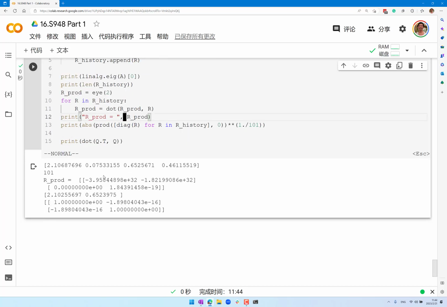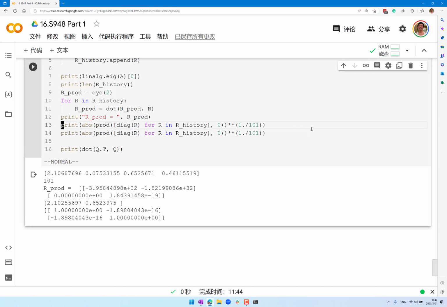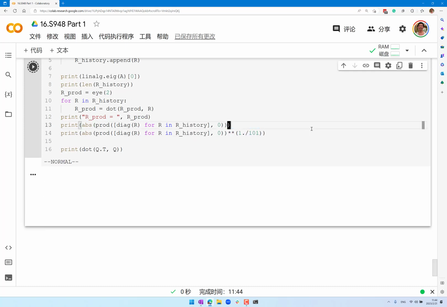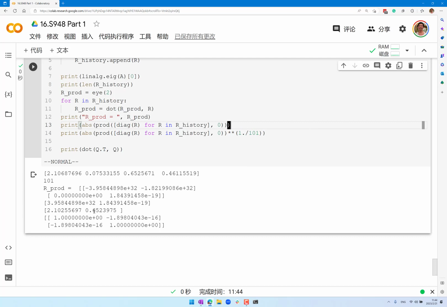The product of the R's, of course, is still an upper triangular matrix, and the two diagonal entries are exactly what we were looking at before we take the power, right? So let me just remove the power and then print it.